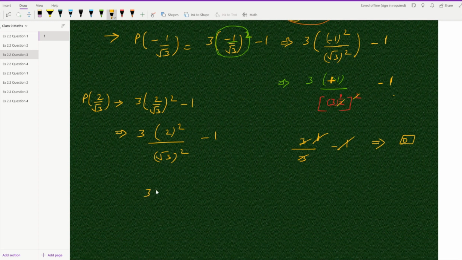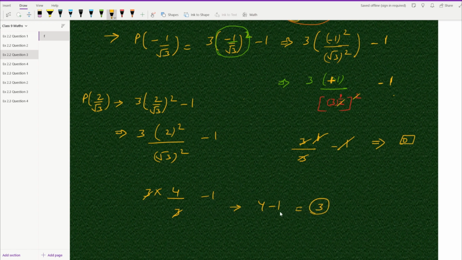Now it will be 3 into 4/3, since the square of 2 is 4 and the square of root 3 is 3, minus 1. The 3 and 3 cancel, so it will be 4 minus 1, that is 3.